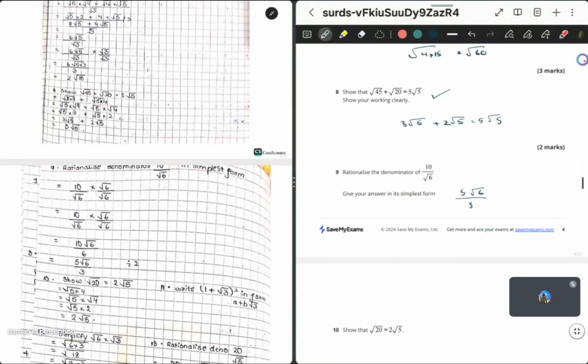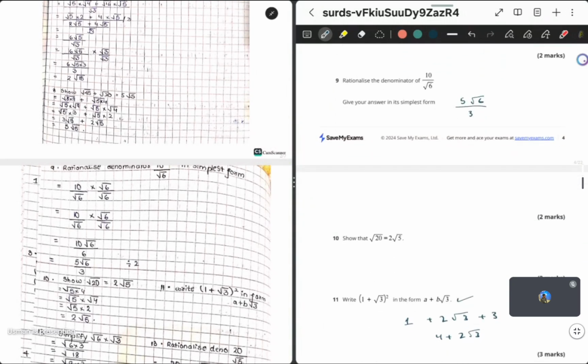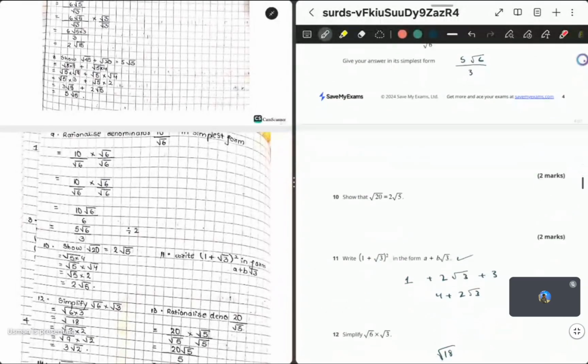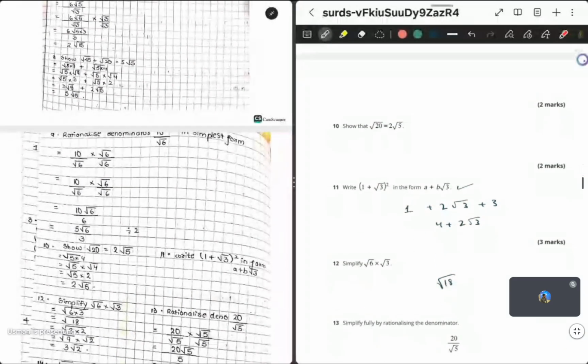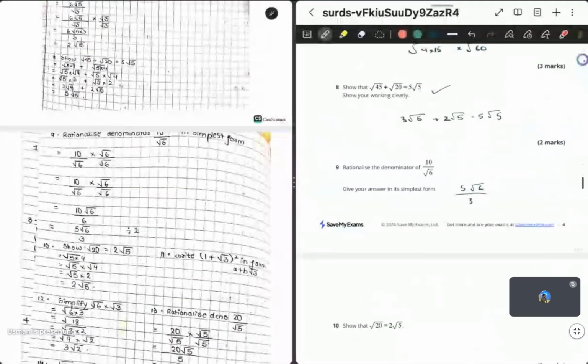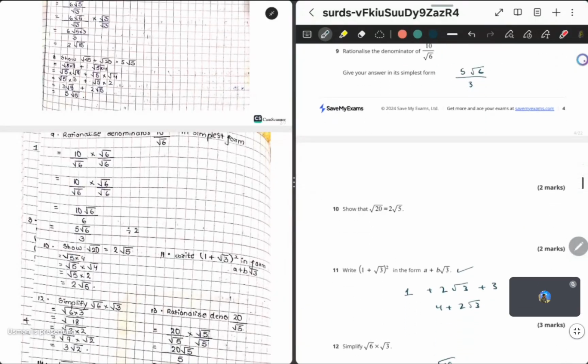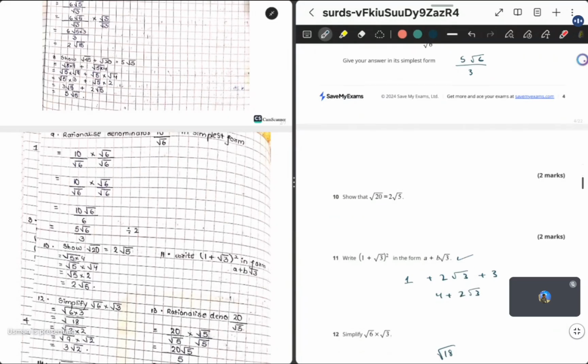Rationalize to its simplest form. Good. Perfect. Very good.